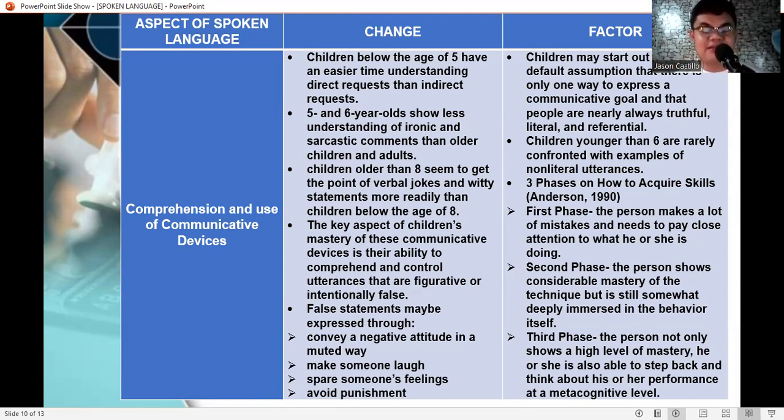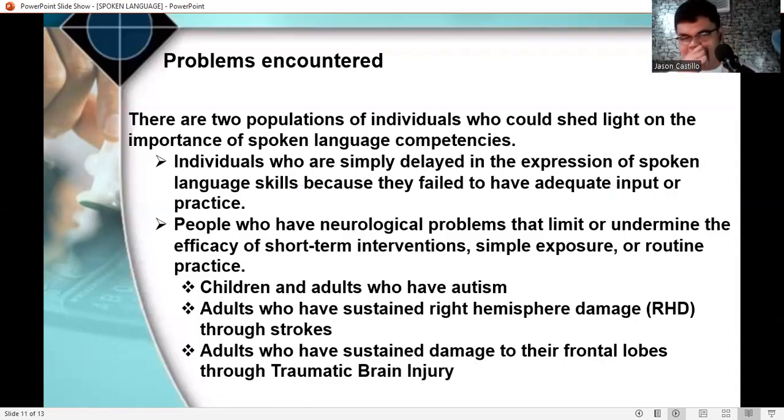And the third phase, the person not only shows a high level of mastery, he or she is also able to step back and think about his or her performance at a metacognitive level. So first, commit mistakes, then little by little practice, then after practicing, you will master and acquire these skills, and you will be able to think of it. Okay. So what are the problems encountered?